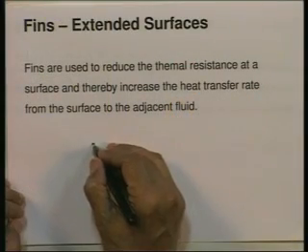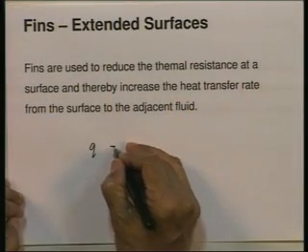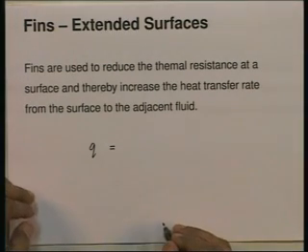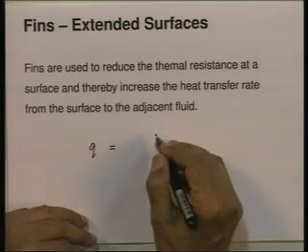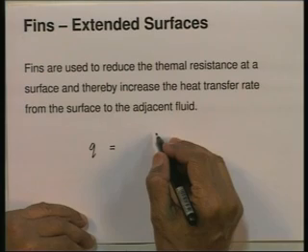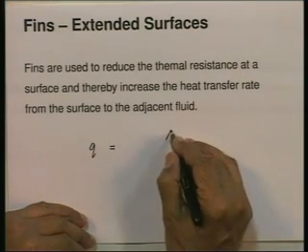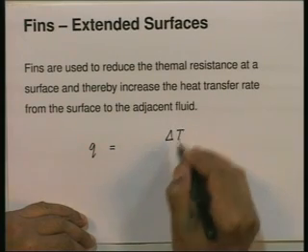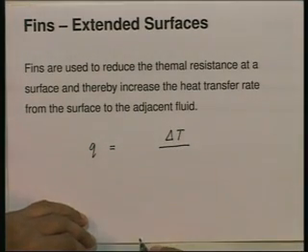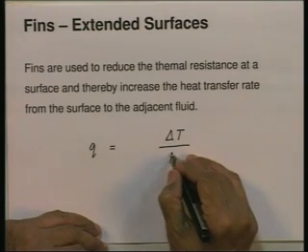Now, what is the heat transfer rate given by? Heat transfer rate Q for any given surface is given by the temperature difference between the wall and the fluid, delta T, divided by the thermal resistance.